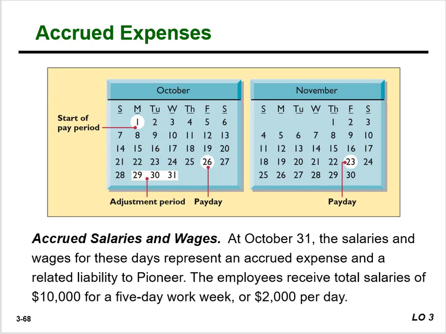Accrued expenses. And so accrued salaries and wages at October 31st. The salaries and wages for these days represent an accrued expense and a related liability to Pioneer. The employee receives total salaries of $10,000 for a 5-day work week or $2,000 per day. And so basically we're talking about the days that they're paid that go into the next month.